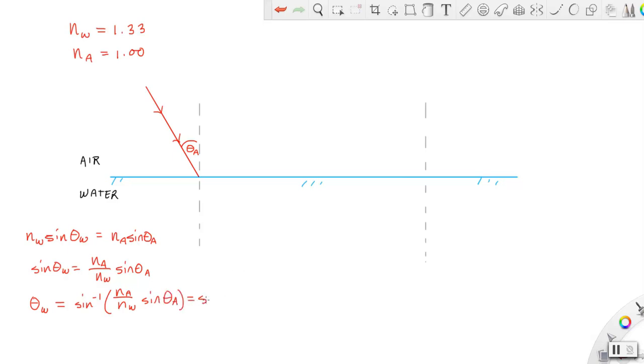And that's just going to be arc sine of index of refraction of air is 1, index of refraction of water 1.33, and then sine of 32 degrees, close parentheses. Okay, and that equals 23.5 degrees.